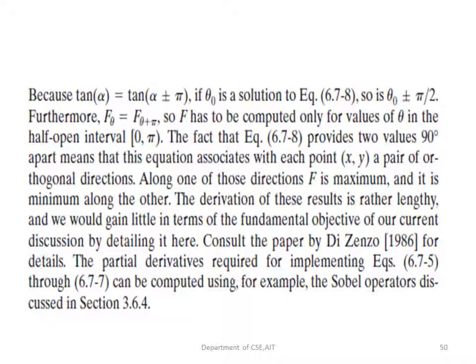So we have two values, 90 degrees apart, associated with every point x, y, that is, a pair of orthogonal directions. Along one of those directions f is maximum, and it is minimum along the other.